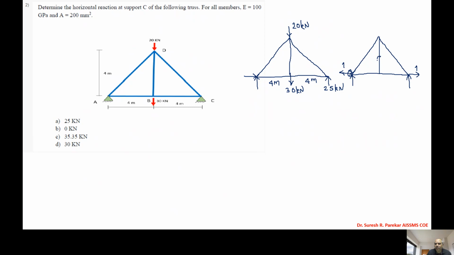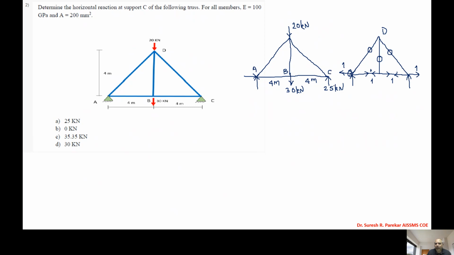This will be 0 because we have two members collinear, so the third will be 0. At joint D, as we have only two members, both are 0. From this we will get this as 1, and this also as 1. Therefore I want forces in two members only, that is AB and BC.